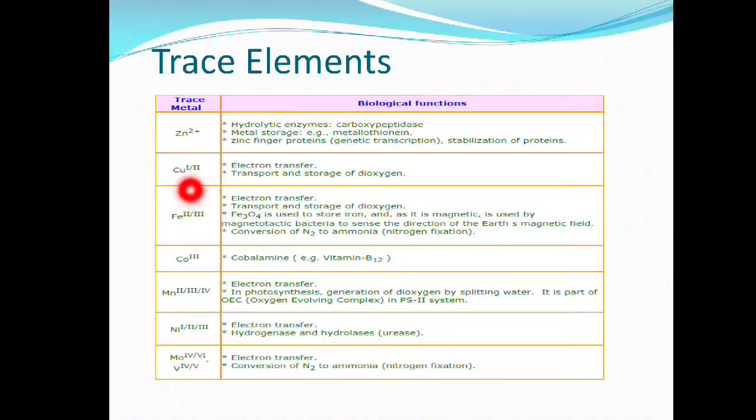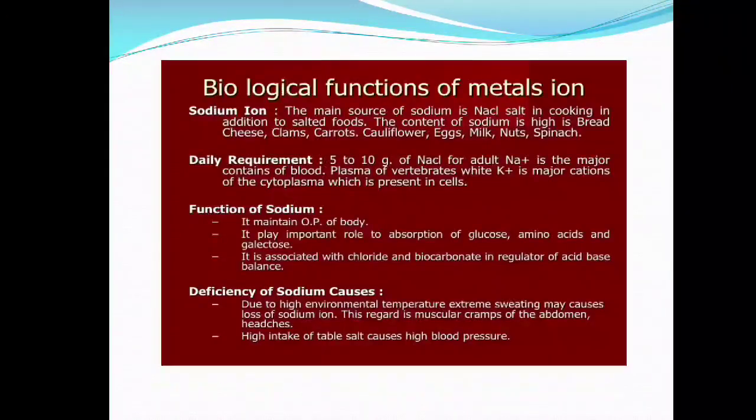Copper, Cu+ and Cu2+, is an electron transfer system, and of course transport and storage of dioxygen. Ferrous iron is an electron transporter in the electron transport chain, and it is very important in the transport and storage of oxygen. Similarly, we have the other trace metals, and they play an important role in the biological system.